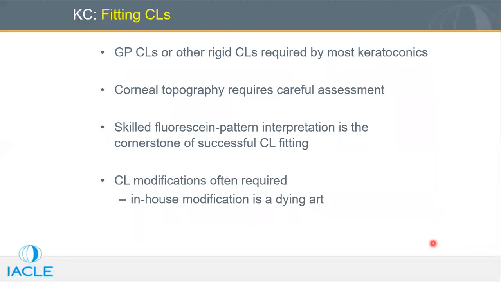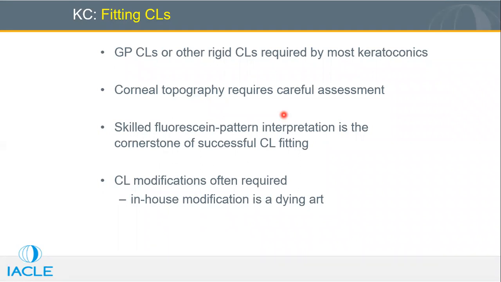While fitting contact lenses with RGP, some things will help you. RGP fitting is the first option for correcting keratoconus. If you have a corneal topography report, or you can ask the patient to go for corneal topography, it really helps you understand how the cornea is and how the lens is going to rest on the cornea.